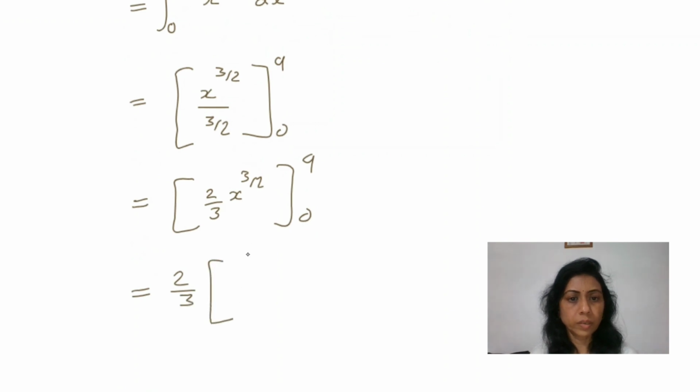Here for x, first put the upper limit 9. So 9 to the power 3 upon 2 minus, now we put the lower limit.